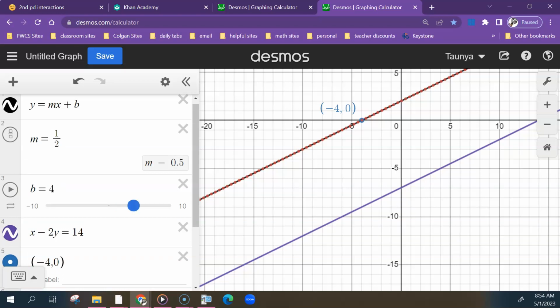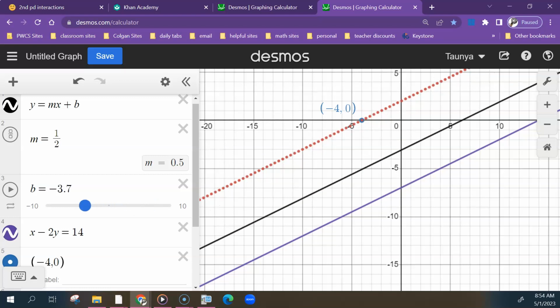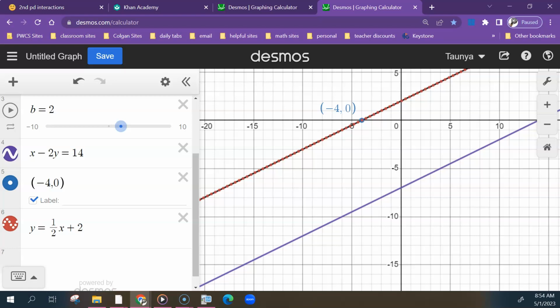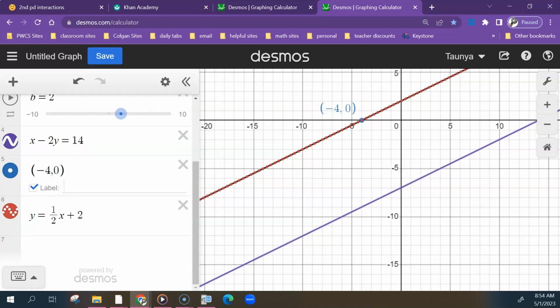And then I just move this until it went through that point, which happened to be at 2. So that would have been your equation for number 4. Y equals 1/2 x plus 2. Questions on 4?